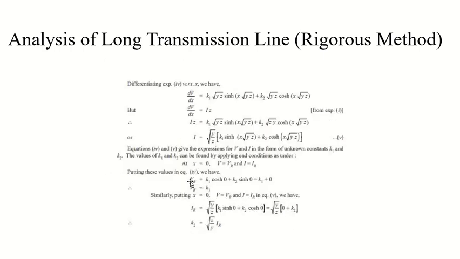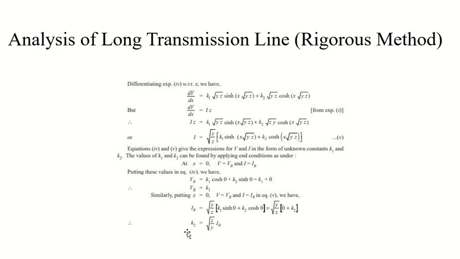Let's put these values in the fourth equation. We get VR equals k1 cosh 0 plus k2 sinh 0. You know the value of cosh 0 is 1 and sinh 0 is 0. So we are left with k1 only, which means k1 is equal to VR. Similarly, put x equals 0, V equals VR and I equals IR in the fifth equation.